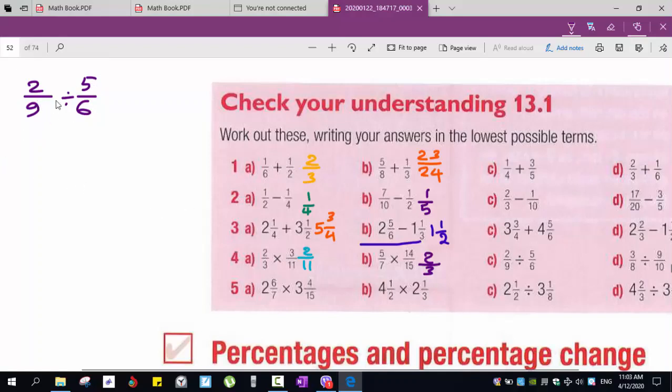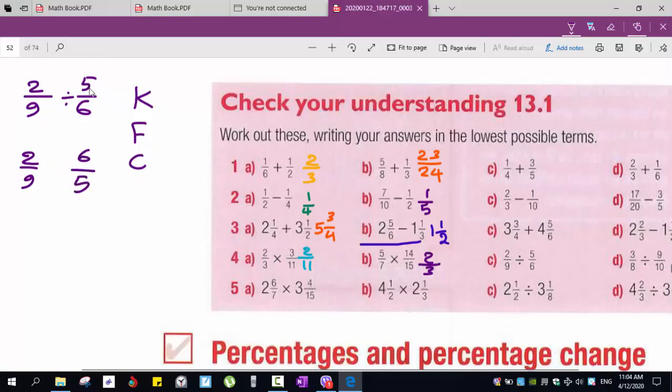Simply, division will be multiplication when we follow KFC. Oh, it makes me feel hungry. KFC. What does that mean? KFC means keep the first fraction, 2 over 9. Then flip the second fraction, 6 over 5.